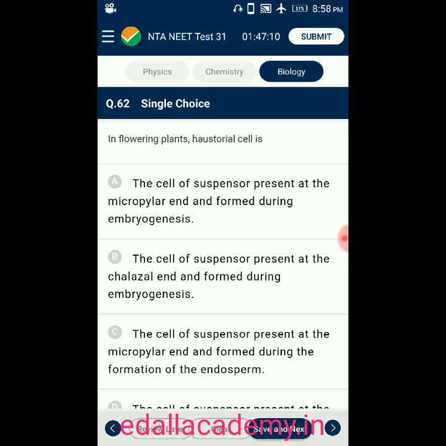The main function of suspensor is to push the developing embryo into food laden endosperm to provide nutrition. The micropylar cell of the suspensor swells up and is known as haustorial cell. So the answer for this question is option A.